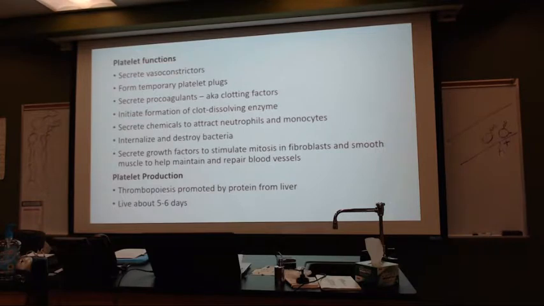Their production is termed thrombopoiesis because the platelets are going to have this really cool protein that they got to deal with called thrombin, which comes from the liver. So that'll stimulate them.